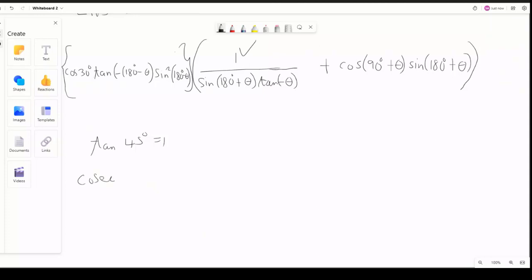Cosec 180 plus theta is the same as 1 over sine of 180 degrees plus theta. Right? And then cot minus theta is the same as 1 over tan minus theta. Do you agree with those statements, guys?